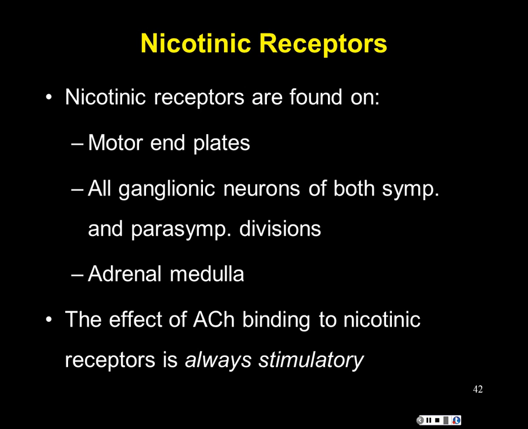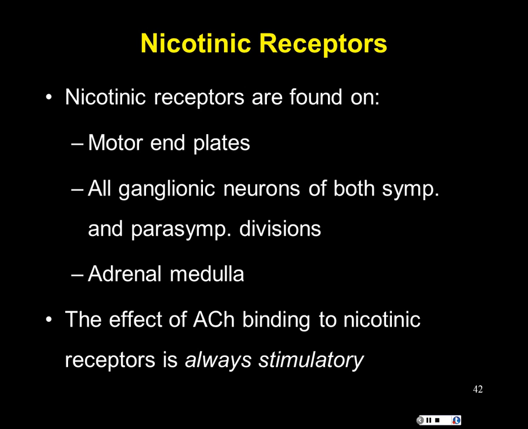The second and third regions we'll identify better in chapter 11. So right now, just take it at face value, and I'll clarify it better when we have more time. The second is on the ganglion cells of our sympathetic and parasympathetic nervous system. And the third area, which may sound kind of familiar, is called the adrenal medulla. We'll come back to where these are located in chapter 11.